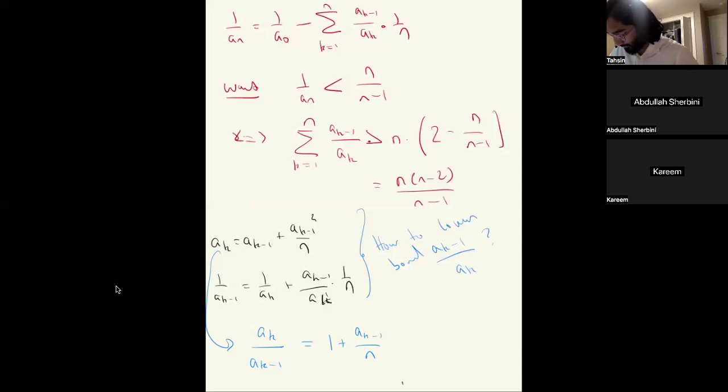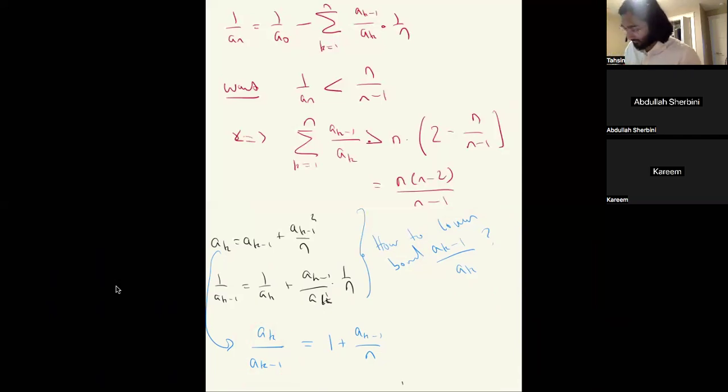Why is this a reasonable perspective? Well, what are we trying to do? We're trying to lower bound this, which means we want to upper bound this.